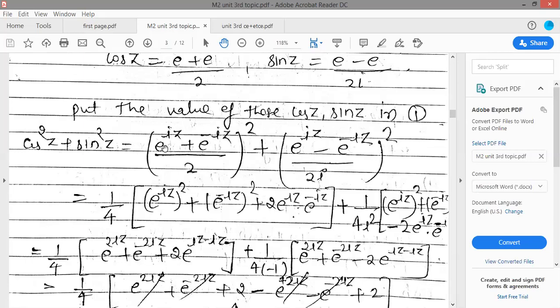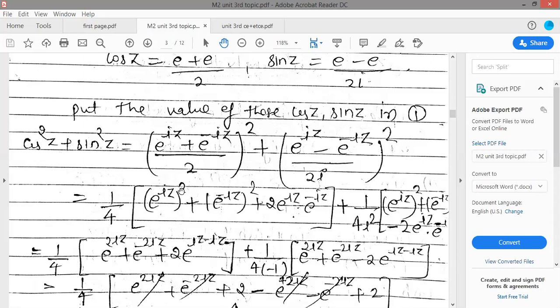We know the formulas for (a plus b) whole square and (a minus b) whole square. Here a is e to the power iz and b is e to the power minus iz. So a squared plus b squared plus 2ab, plus a squared plus b squared minus 2ab, with 2 squared, 4, here and 2i squared, 4i squared, here. One by 4 is common, so taking it outside.